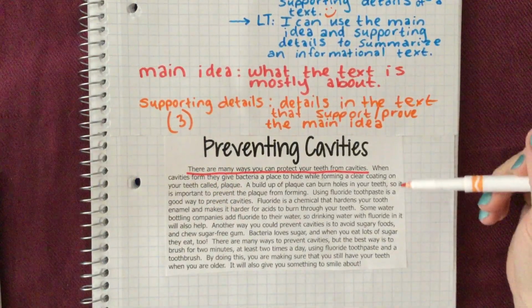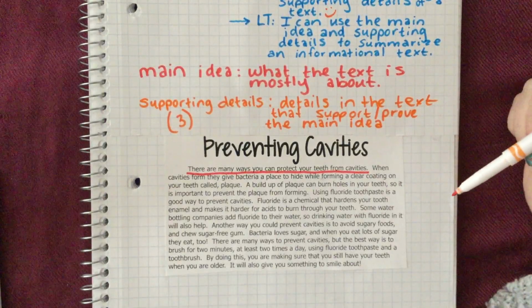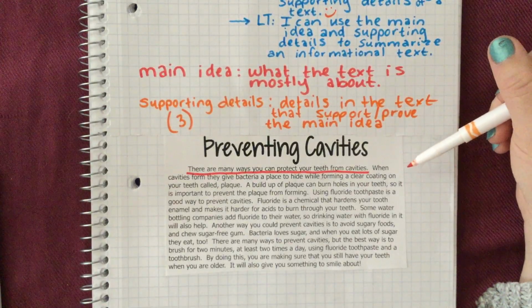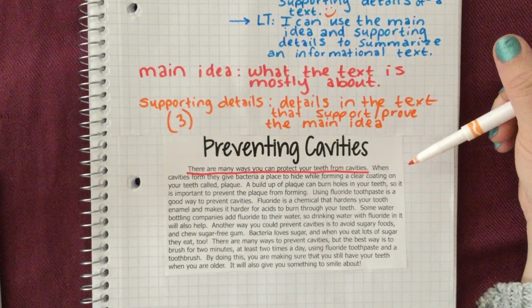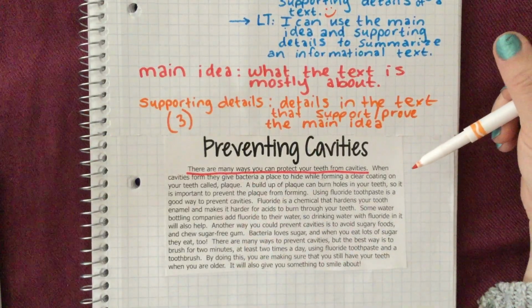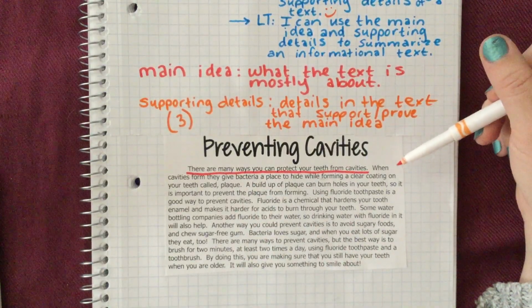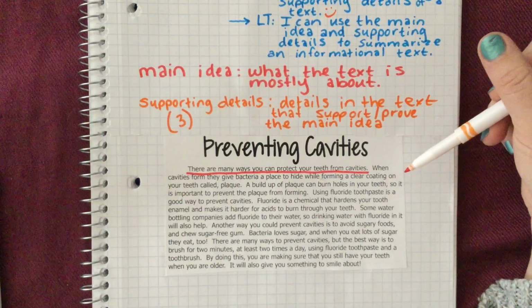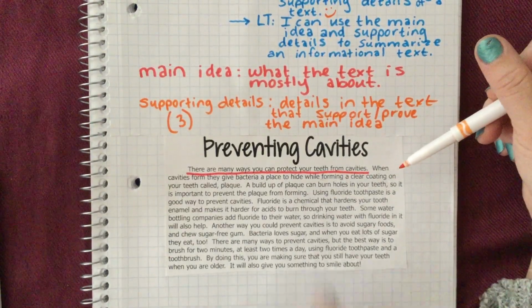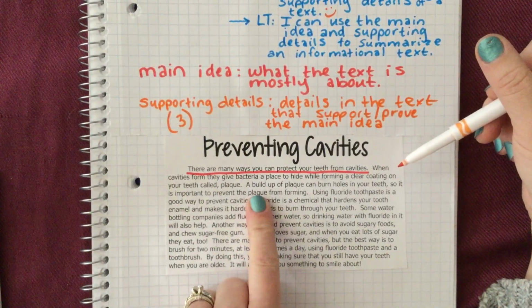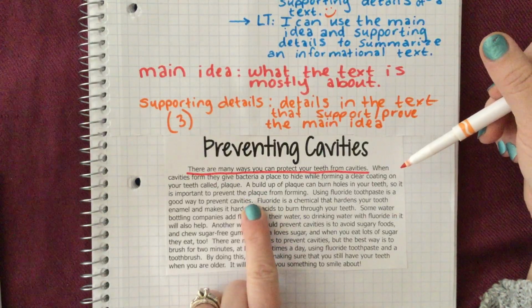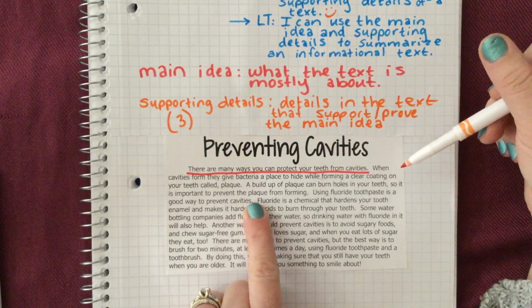So looking at this next sentence, when cavities form, they give bacteria a place to hide while forming a clear coating on your teeth called plaque. Is that a way you can protect your teeth from cavities? No, it's not. So that's not going to be our supporting detail. A buildup of plaque can burn holes in your teeth, so it is important to prevent the plaque from forming.